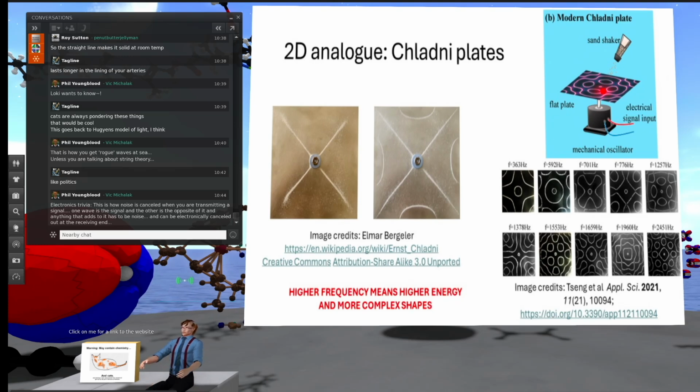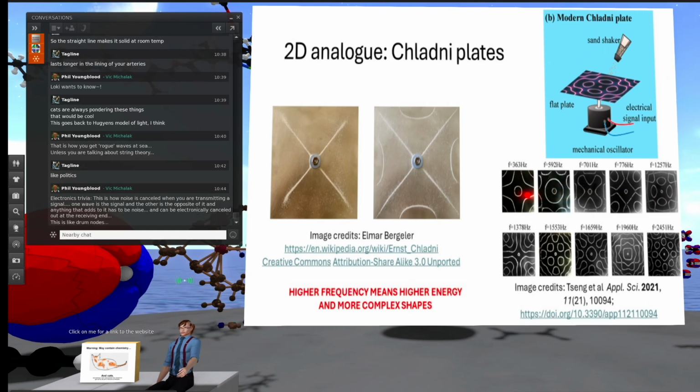So these plates have vibrations happening, and the shape of the plate and the frequency of the vibration will determine what shape these patterns have.